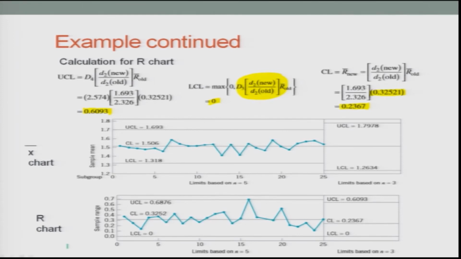I will use the green highlighter for the X bar charts and the red highlighter for the R bar charts. For the green one, where I am hovering the pen, this is the central line, which is X double bar and remains the same, and the upper and lower control limit values are calculated as 1.693 and 1.318, but in the old sample those were 1.79 and 1.26.